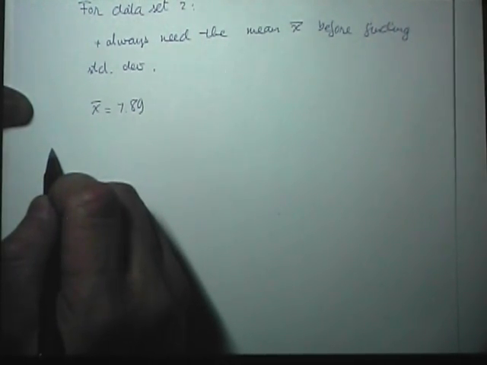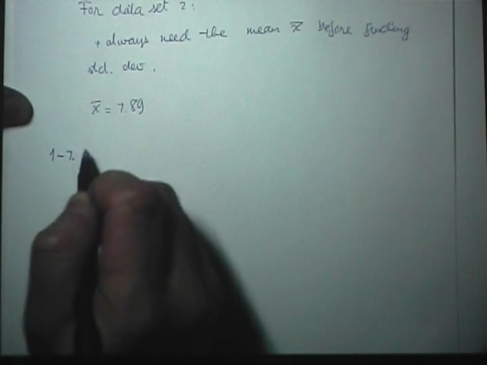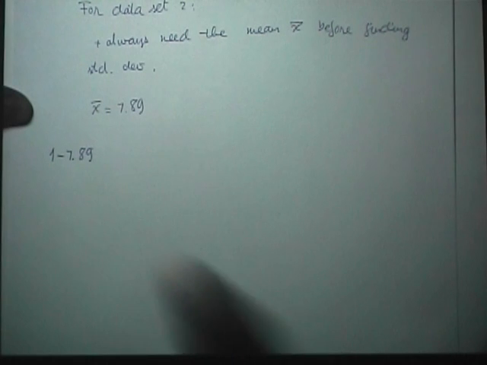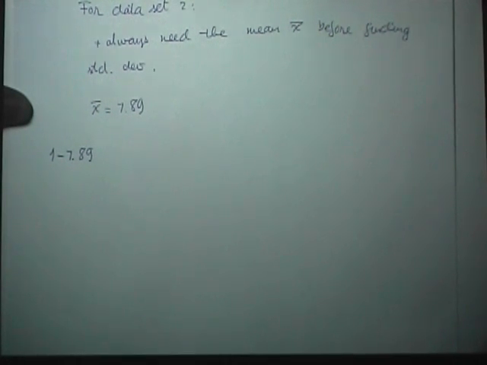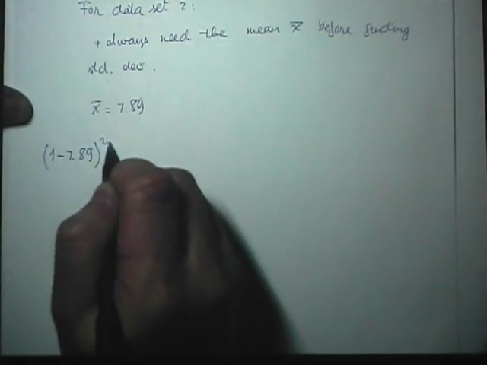Now, the way to find the standard deviation, this is what I do. I'm going to go through each item. Let's say the first data item, which is 1, I'm going to subtract the mean value. So I go through each data value and subtract the mean from it, and square.